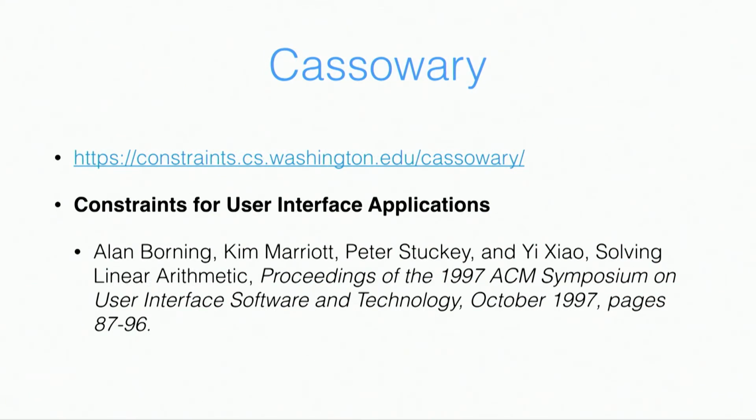Closer to us, in '97, the Cassowary algorithm was published, and it's basically a tweak on the Simplex method. In essence, it is a Simplex method, but with a couple of extra features.